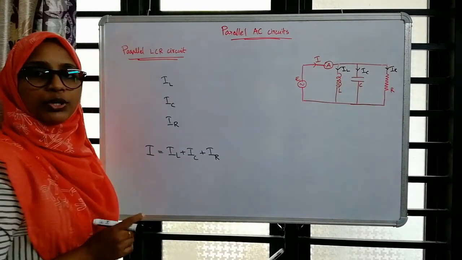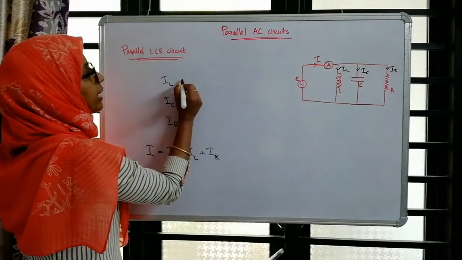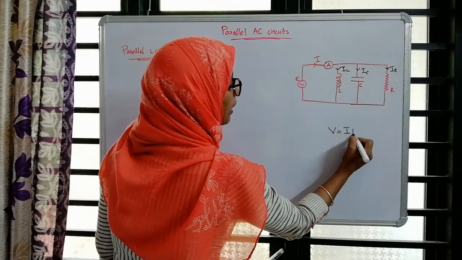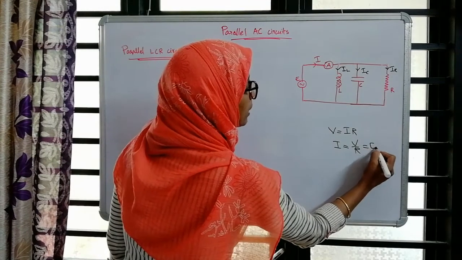And according to Ohm's law, we know E is equal to IR, and also I will be equal to V by R, or E by R.